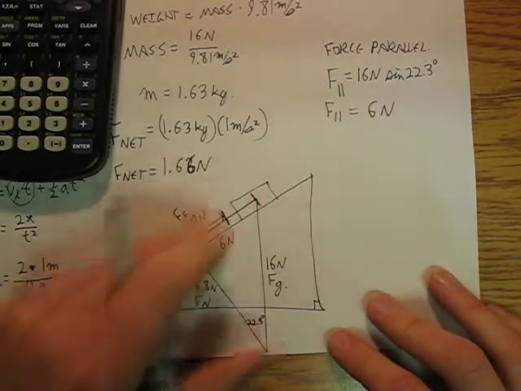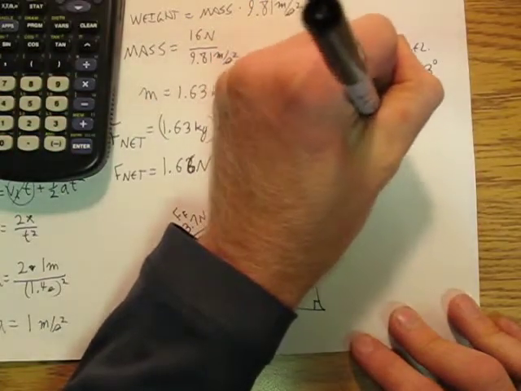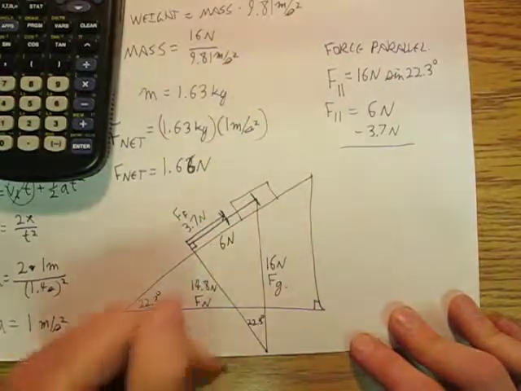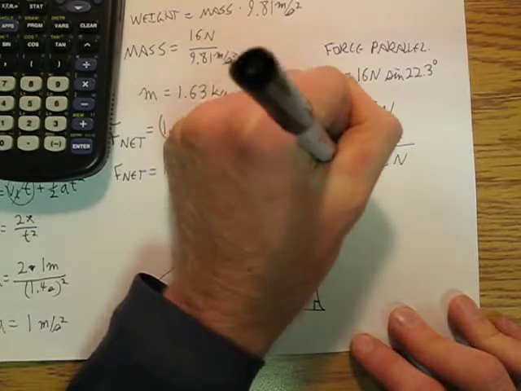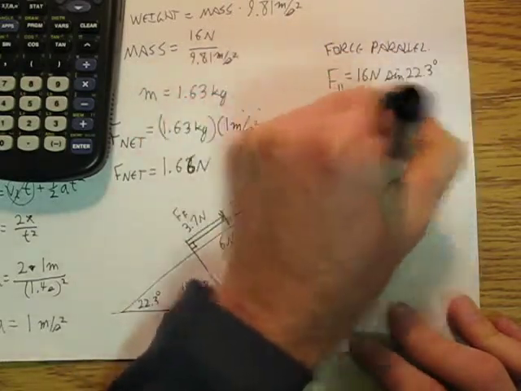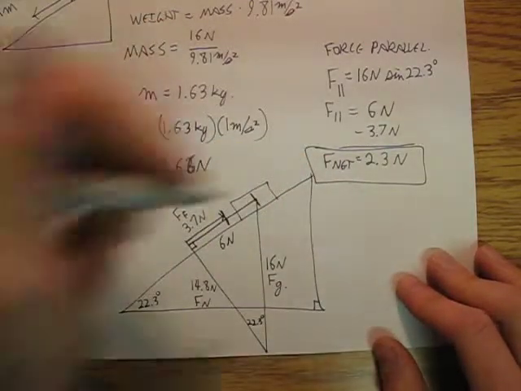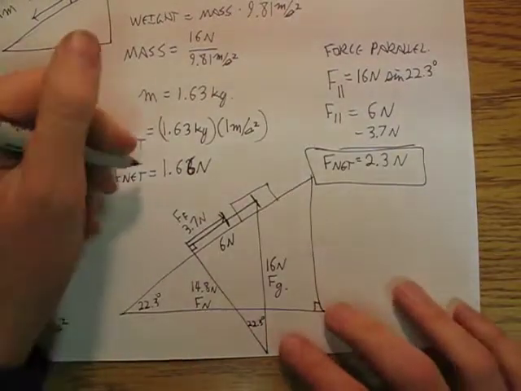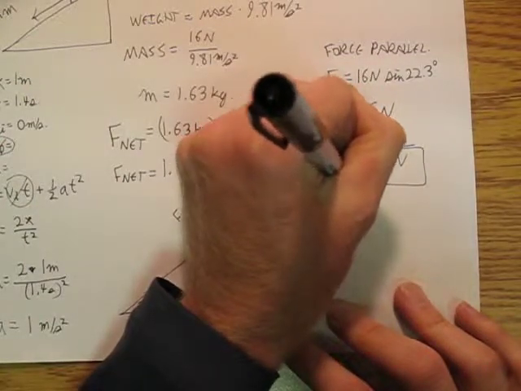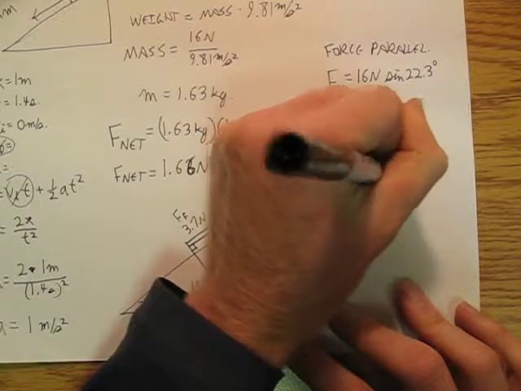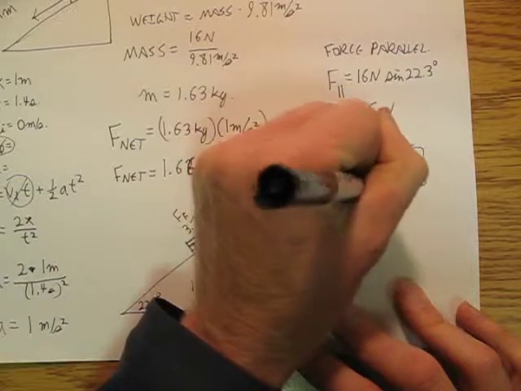Now, out of that whole thing, we're going to take away 3.7 newtons, and we find that I should have come up with a force net of 2.3 newtons. So that's the force net calculated one way, method 2.